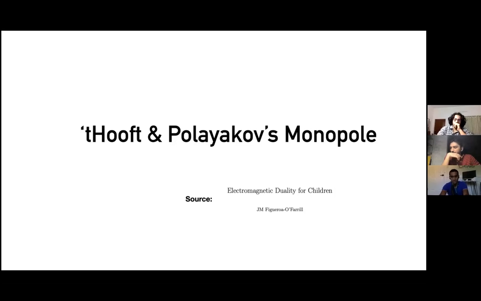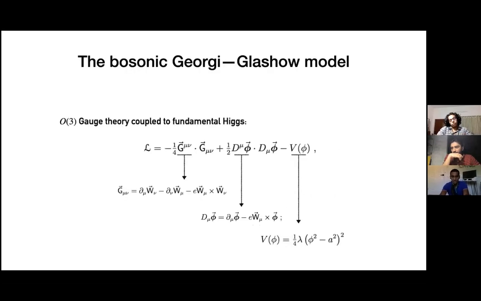But they managed to do this in the context of the Georgi-Glashow model. So we'll stick to the bosonic sector. The bosonic sector is an SU(2) gauge field coupled to a fundamental Higgs. So let's take the gauge group to be O(3), just so that our visualization of the internal space is simple.